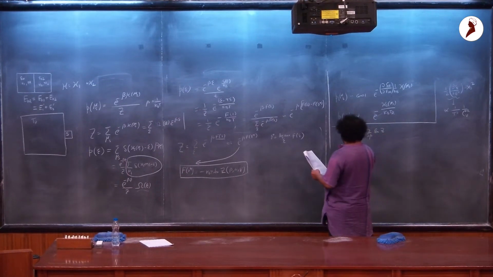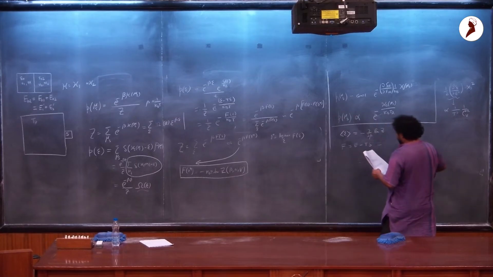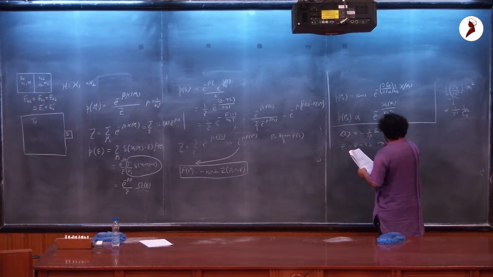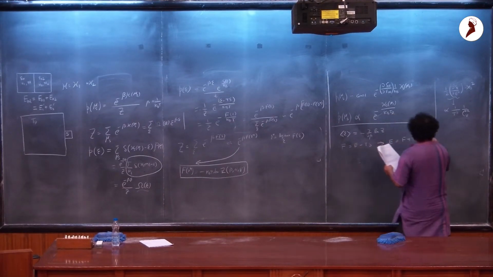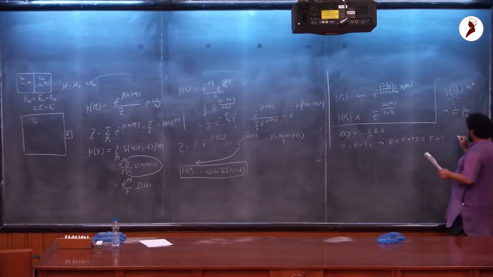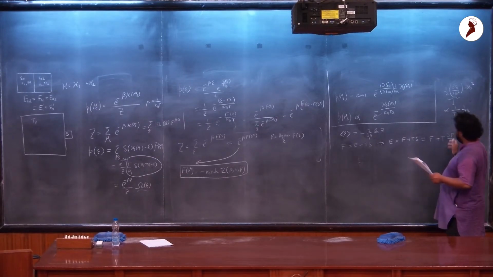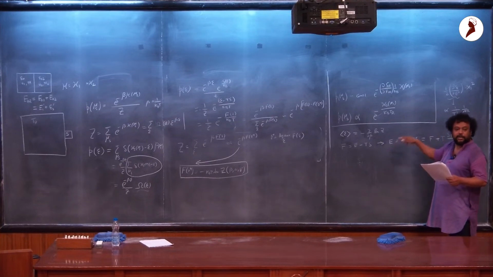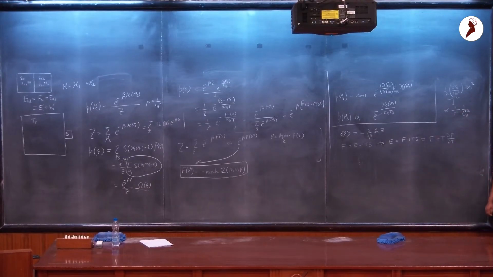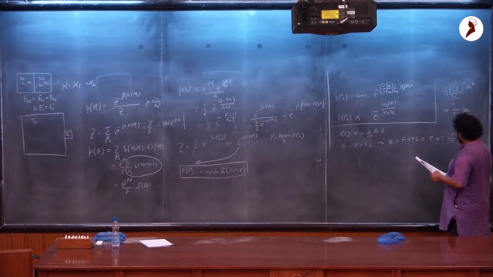On the other hand, you know the free energy is E minus TS, and you can write it using the Legendre transformation, E equal to F plus TS. F and S, you can write the Legendre transformation that I told you yesterday. I did it for S and E, now you can do it for F and E. So S can be written as minus del F del T. It should be a minus sign.